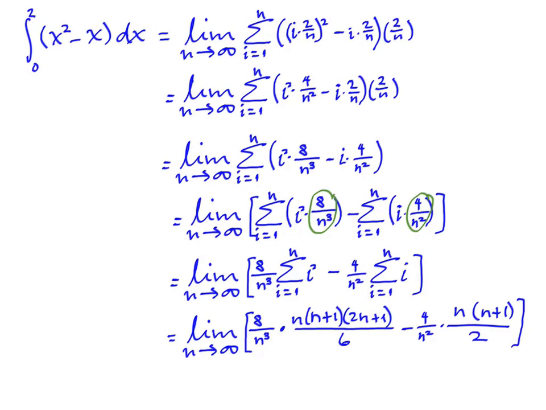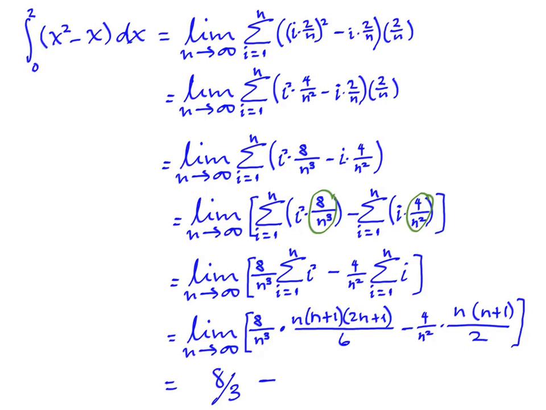All right, so now I can take the limit. So notice a few things cancel. If you divide in the first term, divide top and bottom by n to the third and simplify a little bit, the first one goes to 8 over 3.